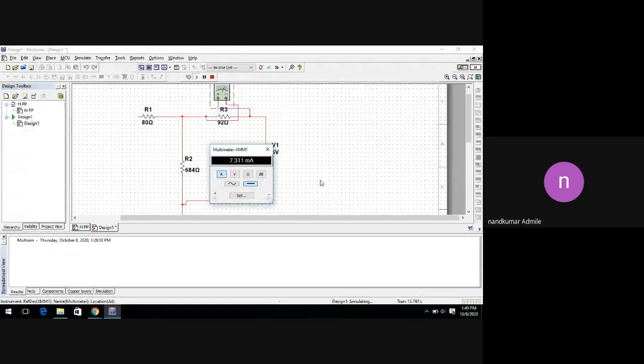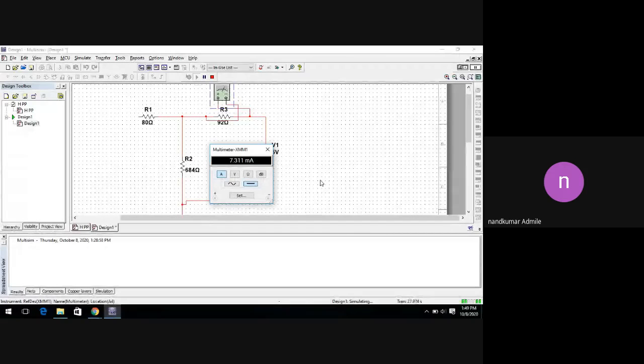Yes. 7.311 milliampere. So note down the value of current I2, 7.311 milliampere.